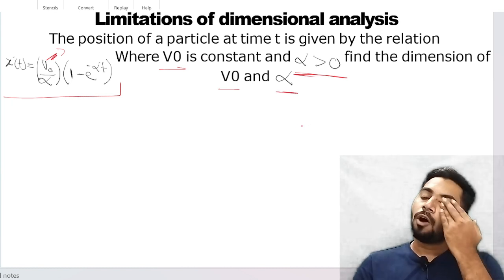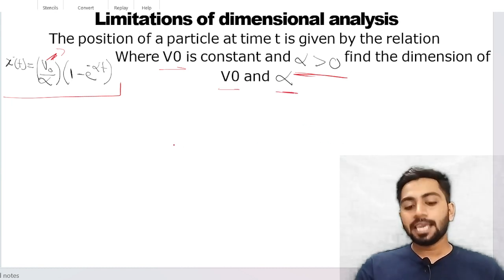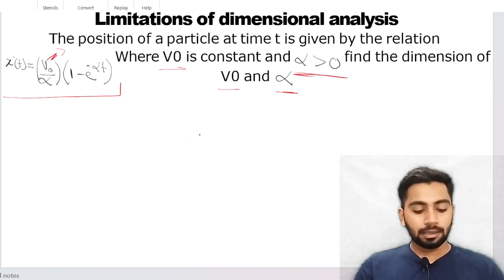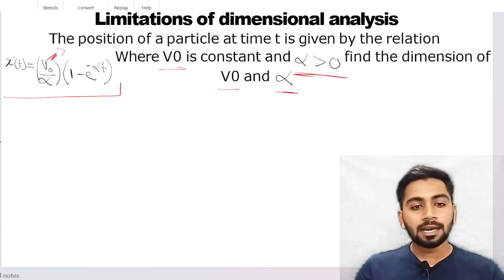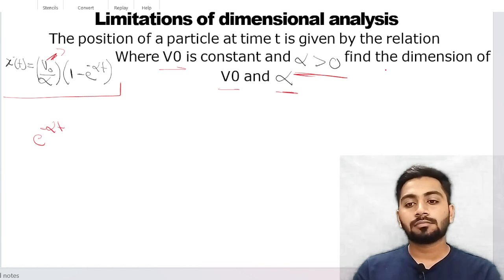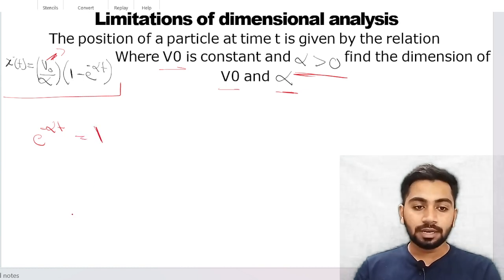Find the dimension of V naught and alpha. Now how to find? See carefully, there is one more small thing in that: e to the power of minus alpha t. Right? Exponential. Anything in the exponential is equal to 1, just now we discussed.